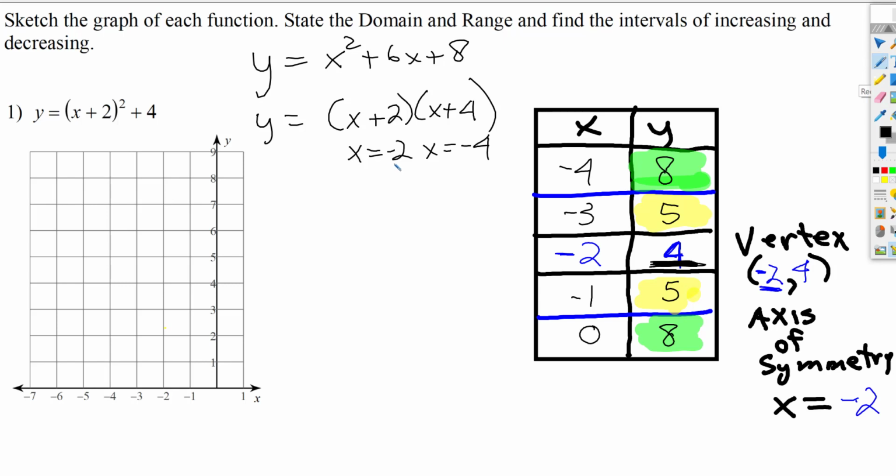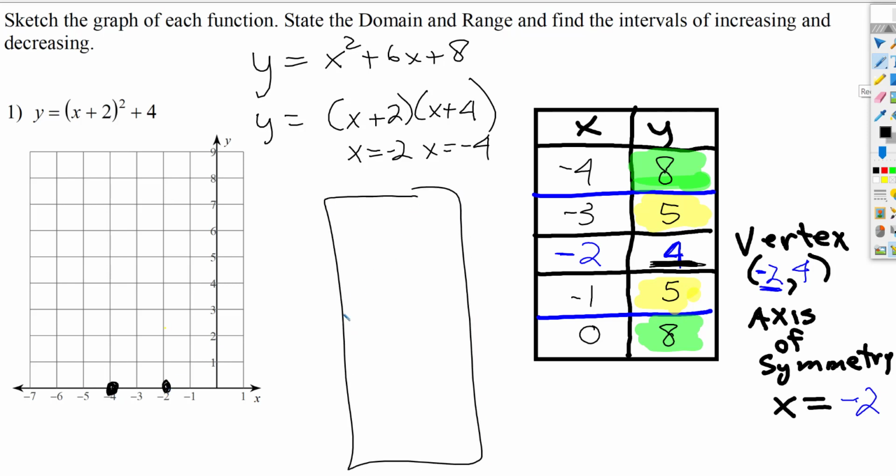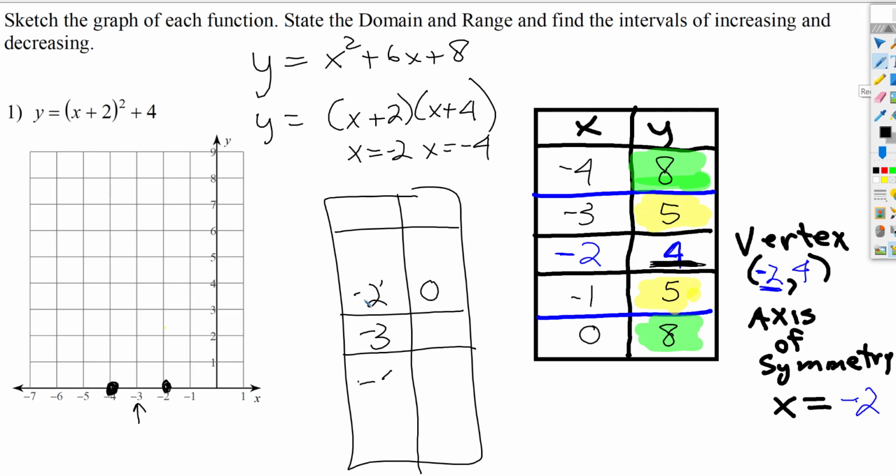Since we know that at negative 2 and negative 4, those two things will be symmetrical. So if we did our table, here's the vertex. Well, right in the middle of negative 2 and negative 4 is negative 3. So at negative 2, we're at a height of 0. And at negative 4, oops, I should put negative 4 because this is to the left of negative 2. Well, half of that is done for us.